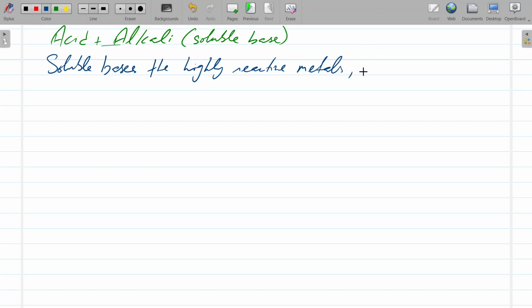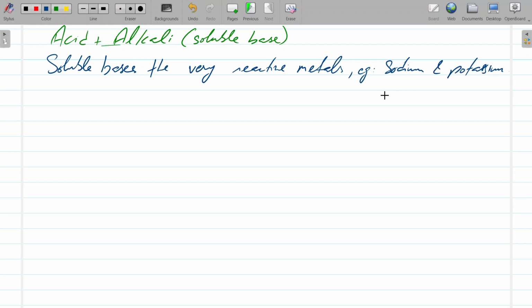Which ones? Which are the very reactive metals? Sodium and magnesium? Aluminum? No. Potassium. Yes.